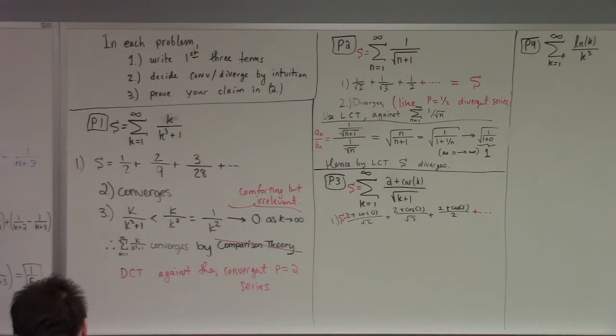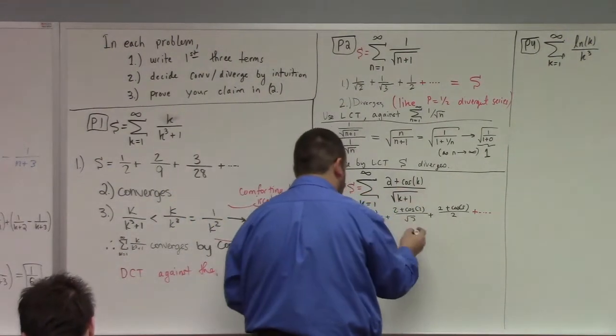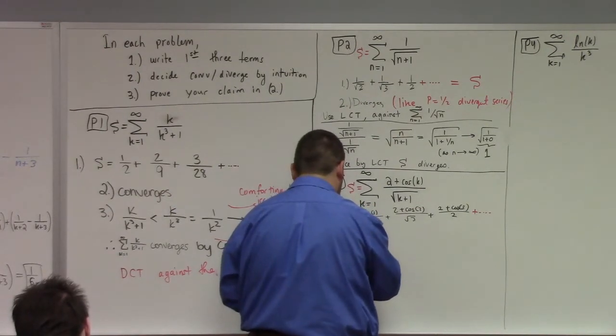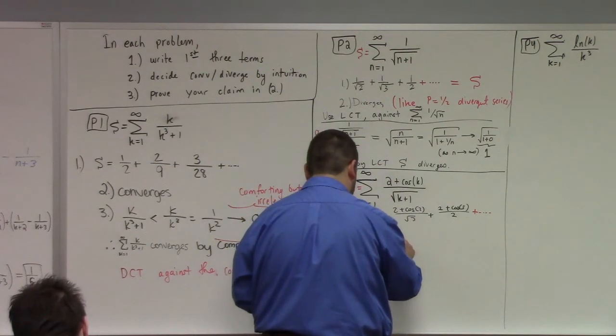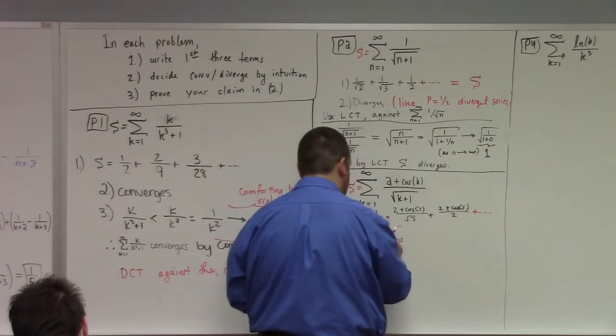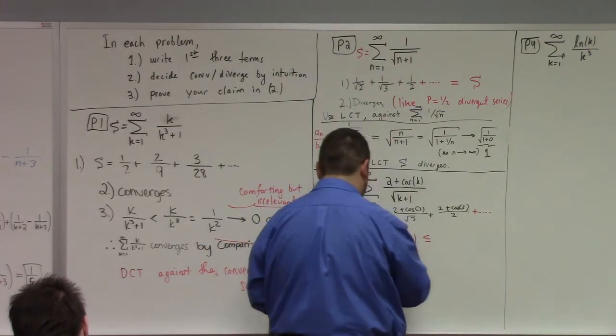So how about this? What can we say about 2 and cosine k? I can tell you this. 0 is less than or equal to 2 plus cosine k. Well, oh yeah, fine. 2 plus cosine k is less than or equal to what?